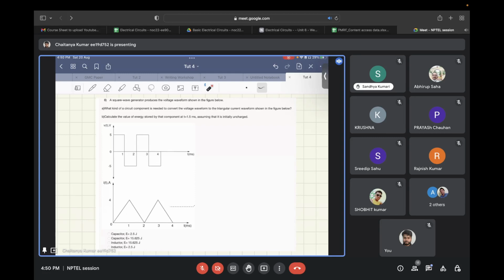So here you need to first of all tell what kind of element it is, and after that what is the energy stored in the element at 1.5 milliseconds. You can assume that initially that element is uncharged. So please try it out.